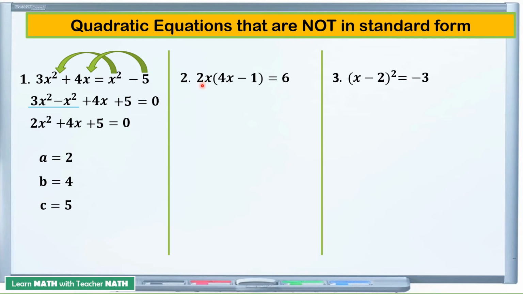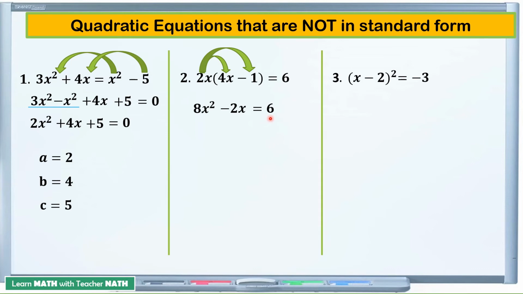So si 2x ay i-multiply muna natin kay 4x. So 2x times 4x is 8x squared. Next, we're going to multiply 2x to negative 1. So 2x times negative 1 will be negative 2x. Then copy equal to 6.